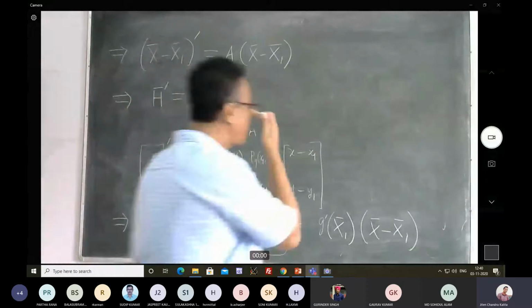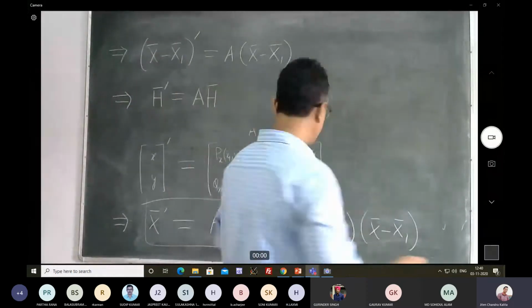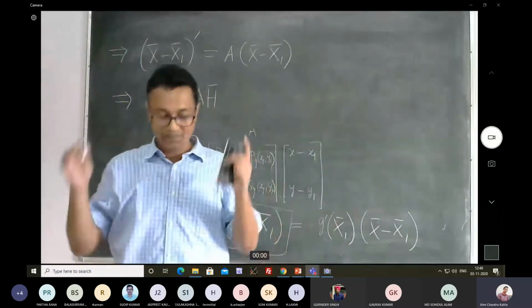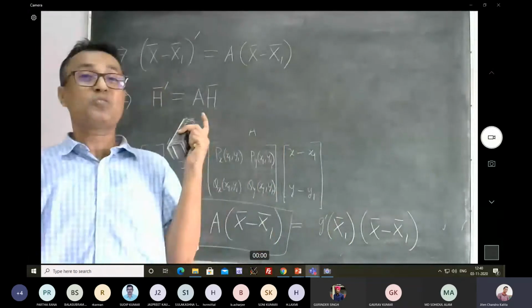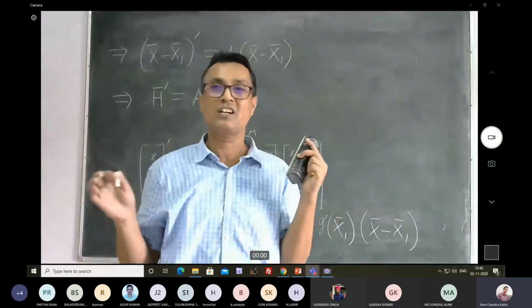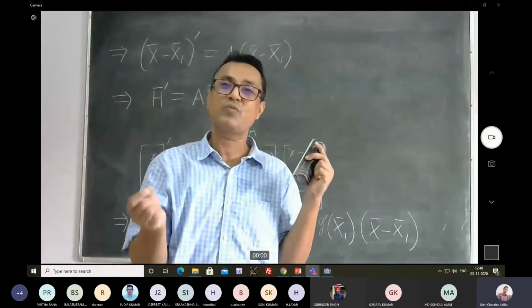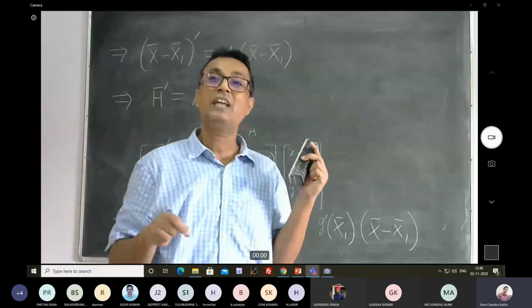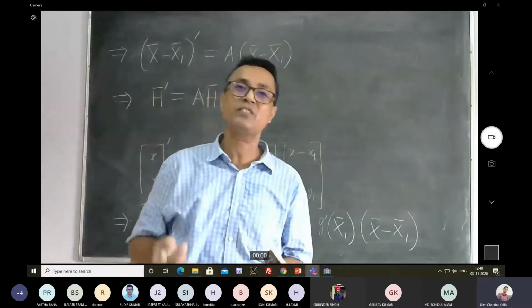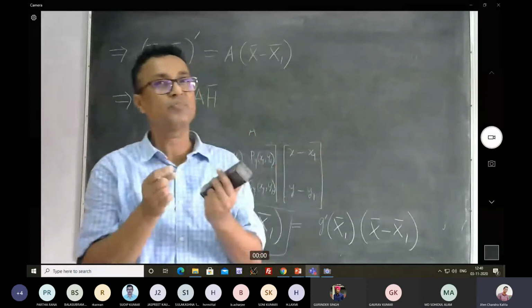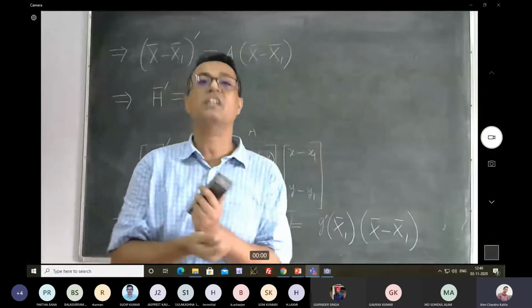So basically what happens, see, here in the plane autonomous system, which was non-linear, we have converted it into a linear system, right? And before converting it into a linear system itself, we assume that x1, y1 is a critical point.